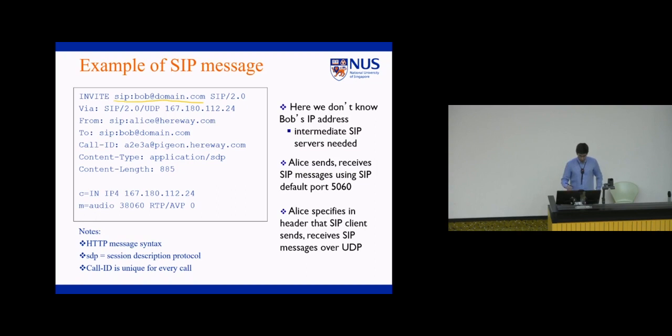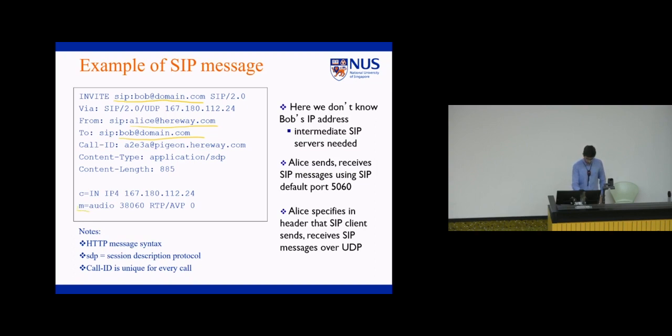In this case, the SIP message will look like this. It is coming from alice@here.com, which is Alice's SIP address, to bob@domain.com. And this is the caller's ID, content type, content length, whatever.